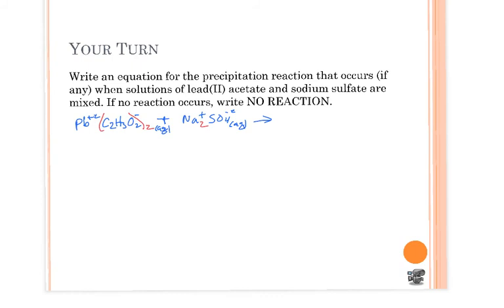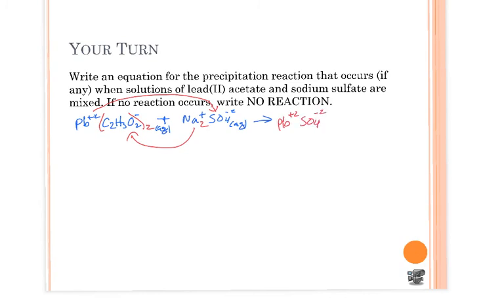We will have an exchange of ions. This cation is going to go with this anion. This cation is going to go with this anion. So let's write the outer one first. So outside goes with outside, inside goes with inside. And we have lead 2 combining with sulfate.